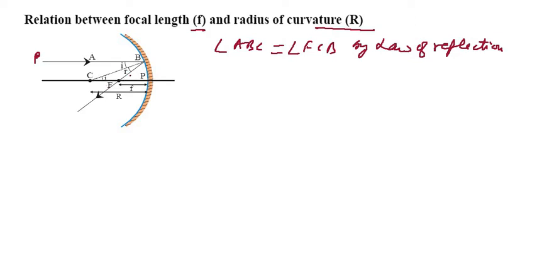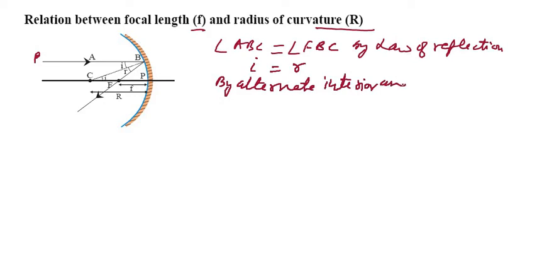Now angle FBC, you can see here, is represented by R. So that one is the I and it is your R. Now by alternate interior angles, angle BCF is equal to angle ABC.